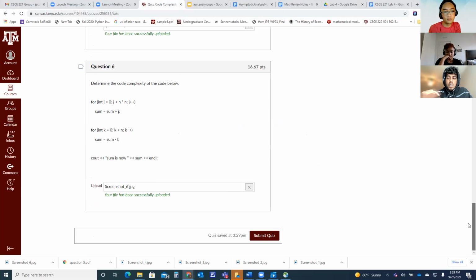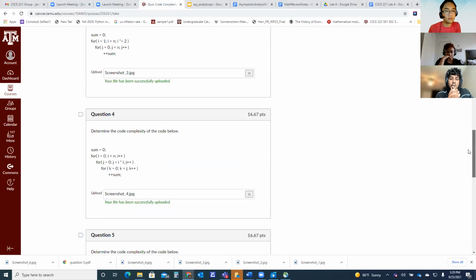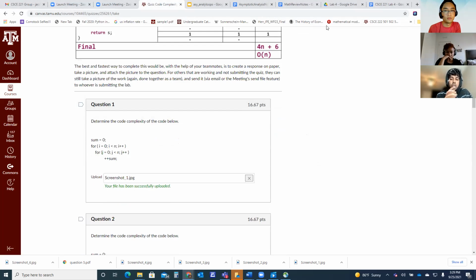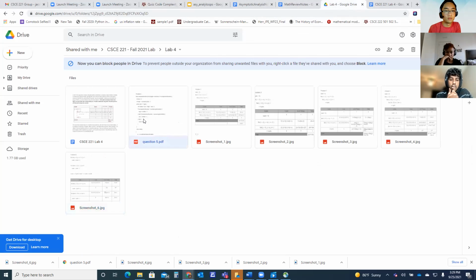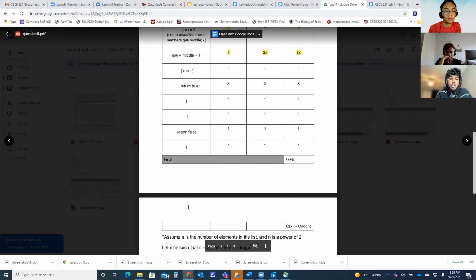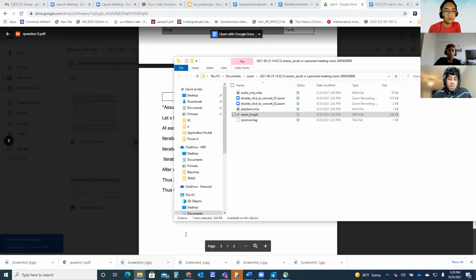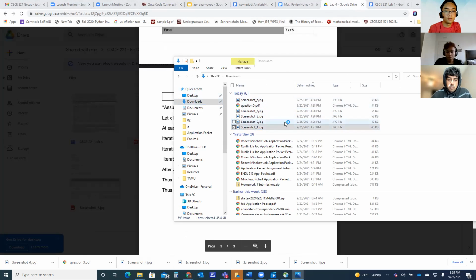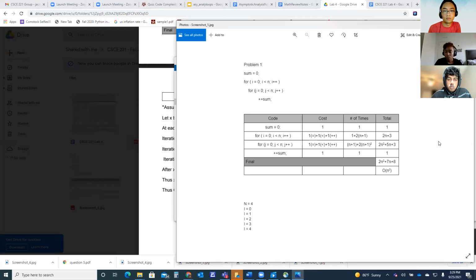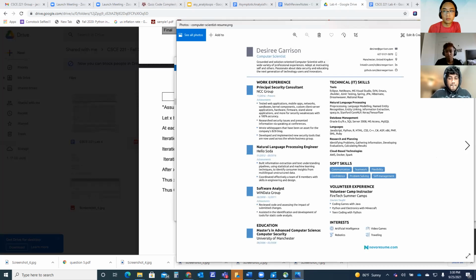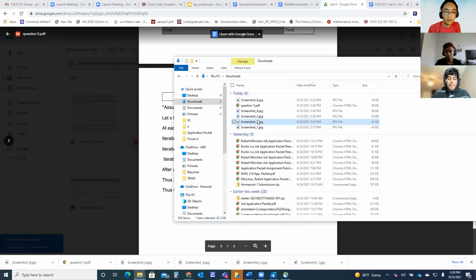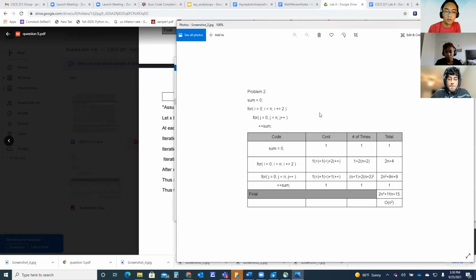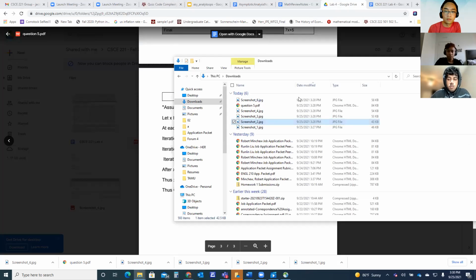So does everything look good? It should look good. Do you want to check through the files locally to make sure that you uploaded the right versions of them? I was going through the Google Drive as you were doing it, and it looked fine. Okay. Downloads, screenshot 1. Yeah, so that's screenshot 1. Here's screenshot 2. Looks good. I don't think I missed anything there.